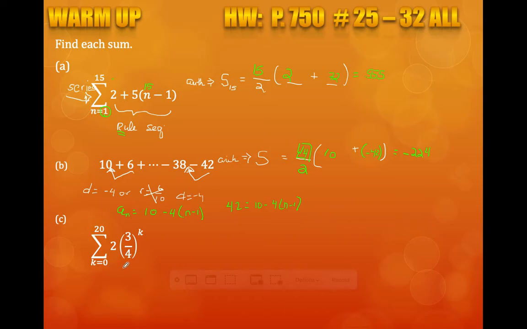So again, look here. I like the fact that I've got my rule because I can right away see what my rule is. I recognize it's geometric. I recognize that my r is 3/4.